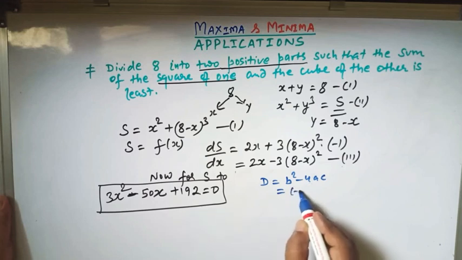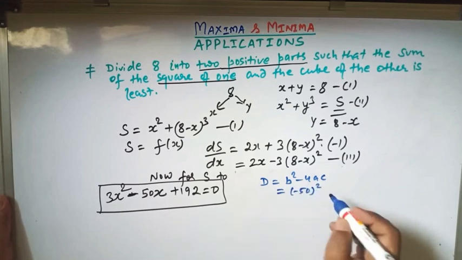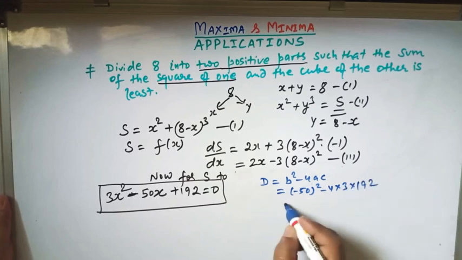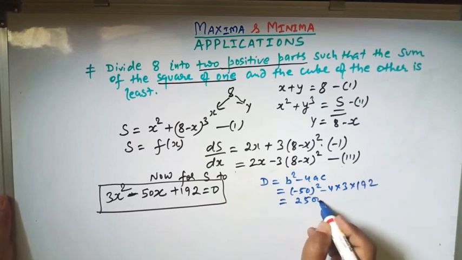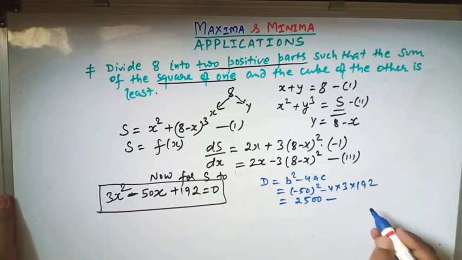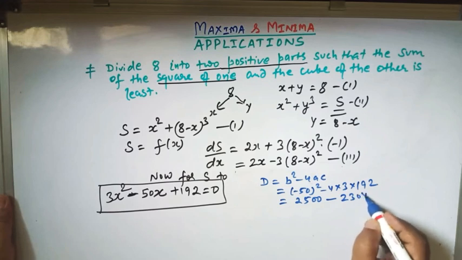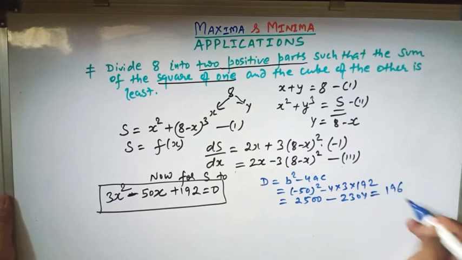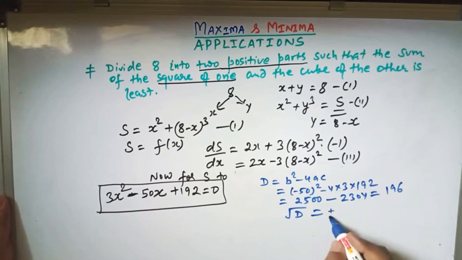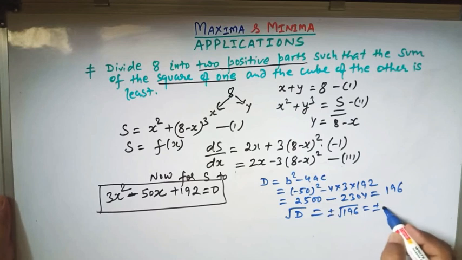We have (minus 50) square minus 4 times 3 times 192. This is 2500 minus 2304, so we have 196. So the square root of this discriminant is plus minus square root of 196, this is plus minus 14.